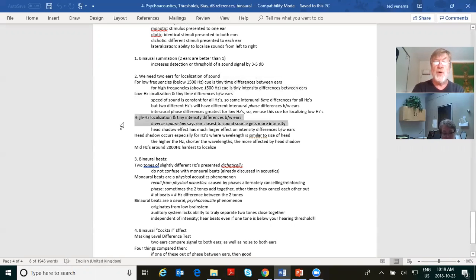High frequency localization, we've covered this already. And that means the mid frequencies are the hardest to localize because your superior olivary complexes don't know which cue to use. They don't know whether to spin or wind their wristwatch, okay? Because you're at the meeting point of the differences between the 2 cues.